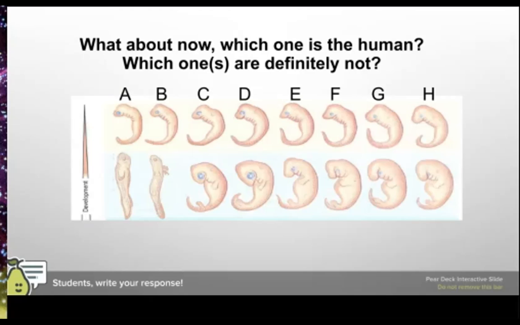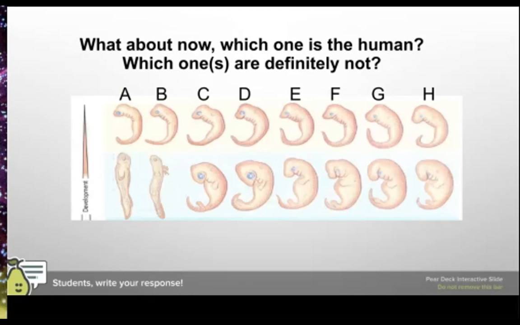I think either C, E, F, or H kind of look like humans, and A and B are definitely not humans. Why do you say A and B are not? Because they don't have the exact body structure of a human, and they look more like an amphibian or fish kind of structure. Gotcha.